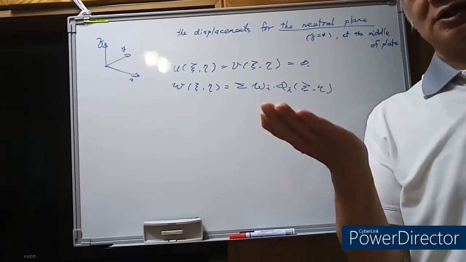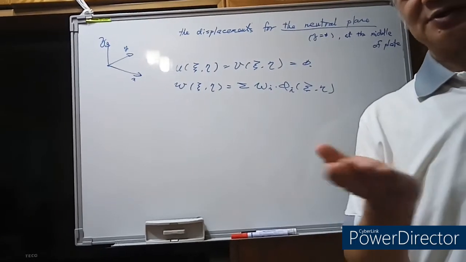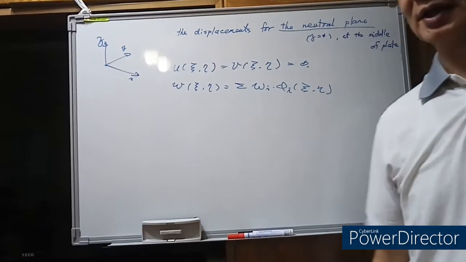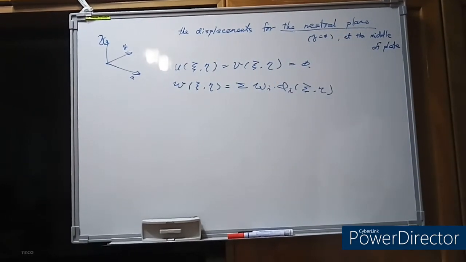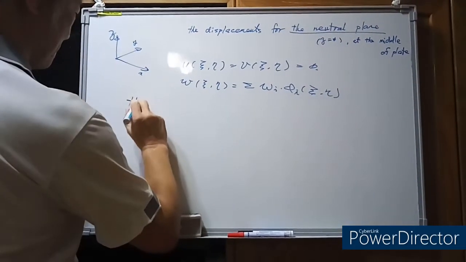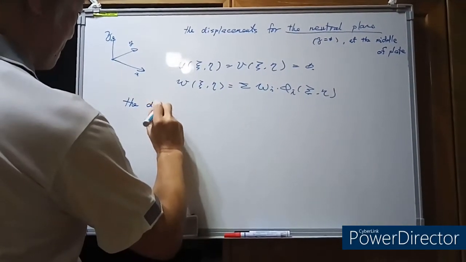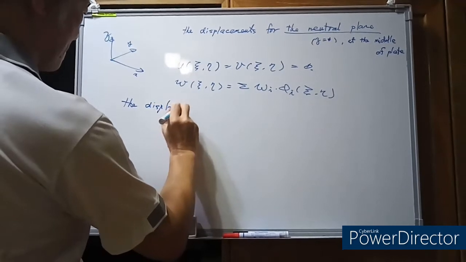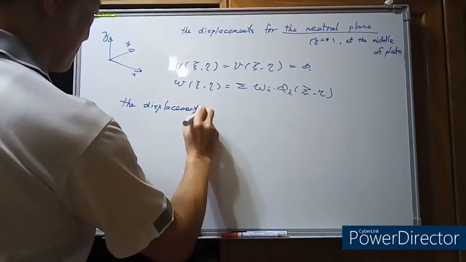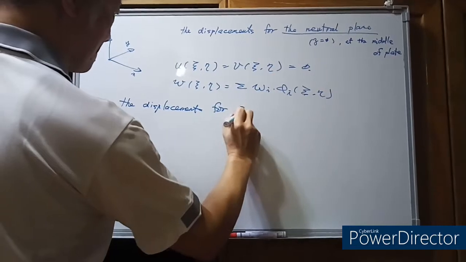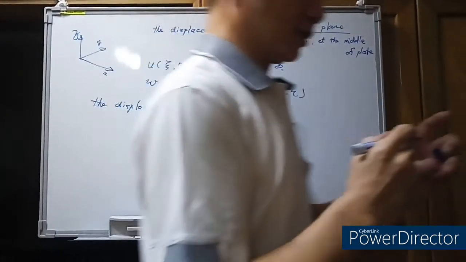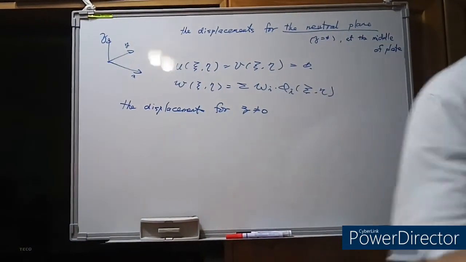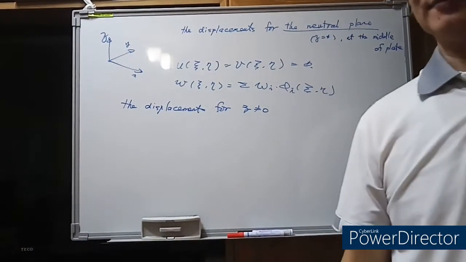So the horizontal displacements along the same plane, the u and the v displacements, they should be equal to zeros. Okay. Also, we have the displacement, z equal to 0 represents the points on the neutral plane.